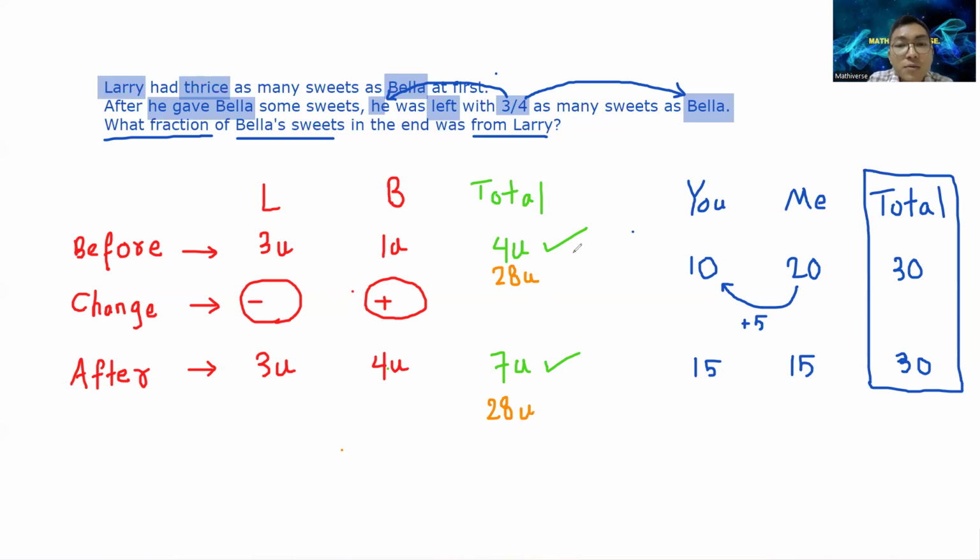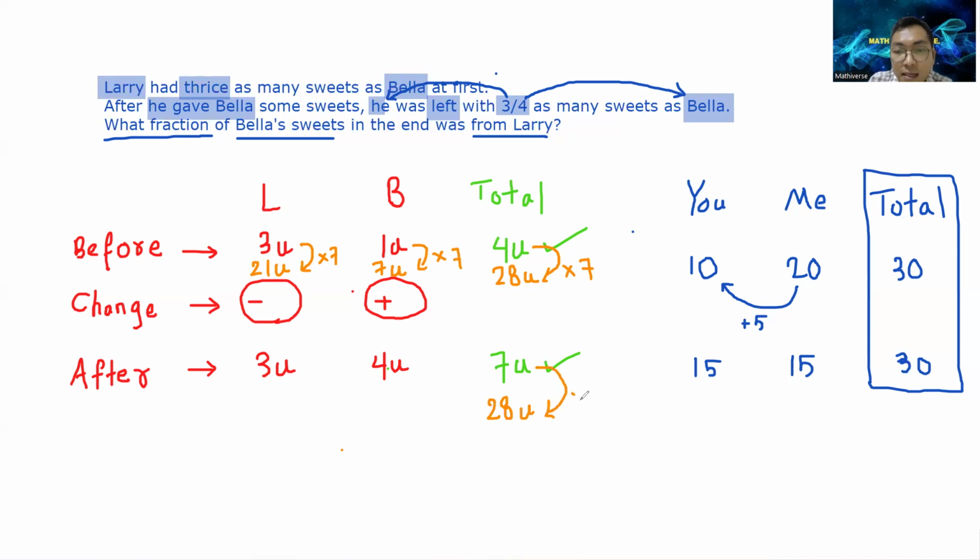So 4 to 28 is times 7. That's why you have to multiply this also times 7. 1 unit times 7 is 7 units, and 3 units times 7 is 21 units. Are you clear? So look at that, 21 units, 7 units, altogether 28 units.